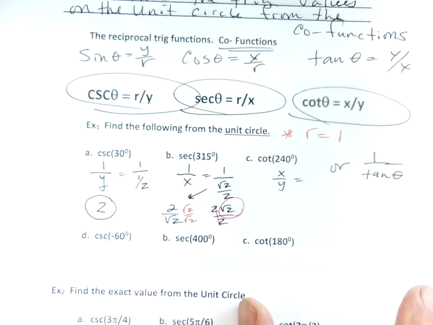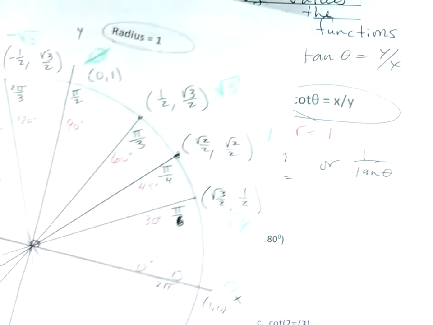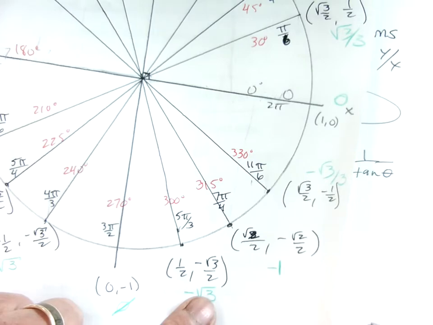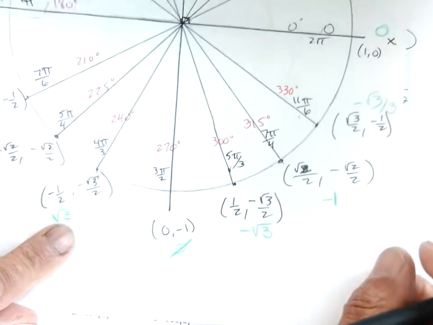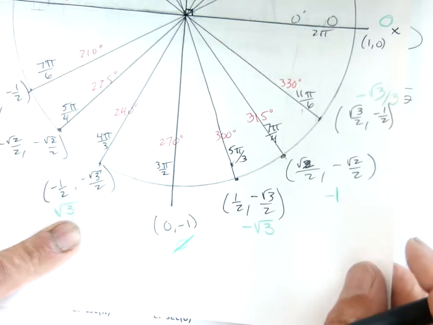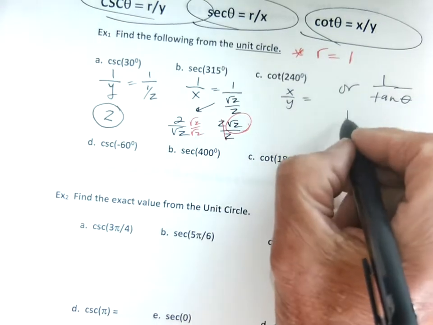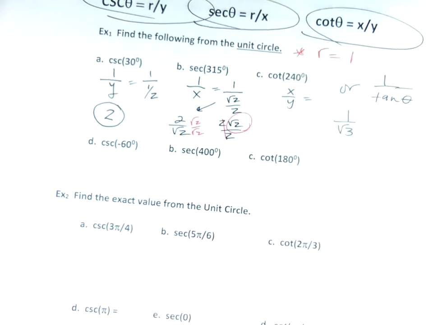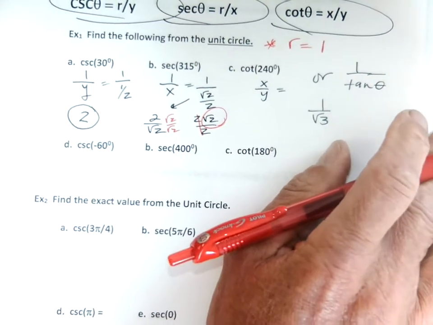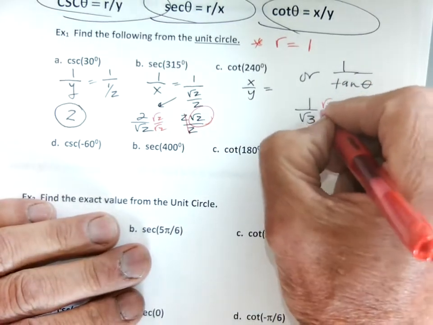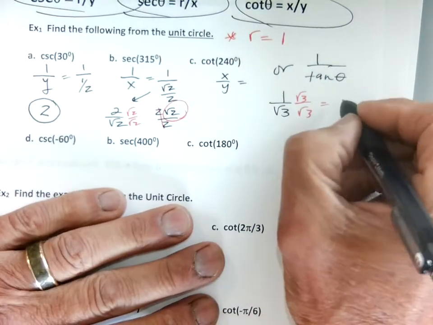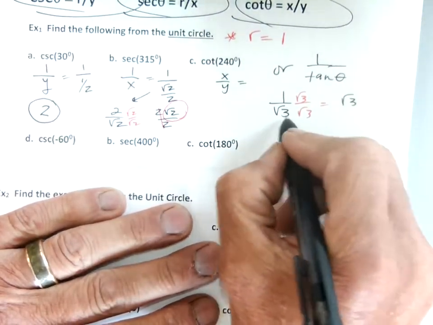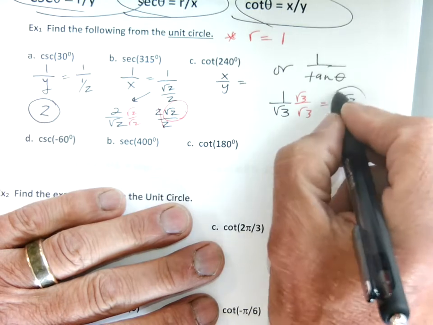That's easier. So the tangent value at 240, hold on, there you go, is square root of 3. So let's do 1 over the square root of 3, and of course I have to rationalize that, remember? Multiply by the square root of 3 over square root of 3, and I get square root of 3 over square root of 9, which is 3.